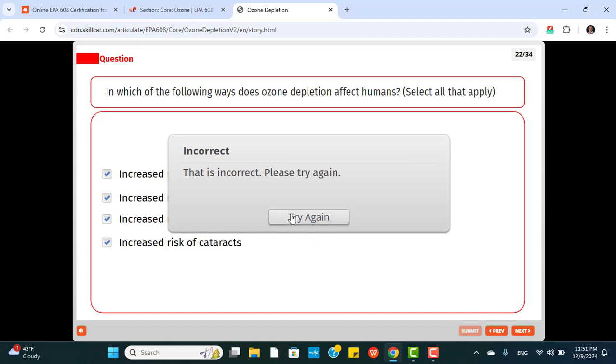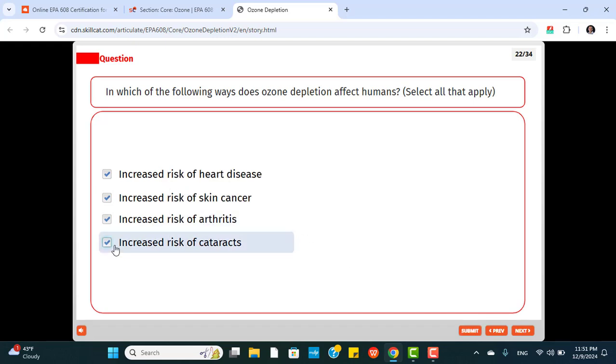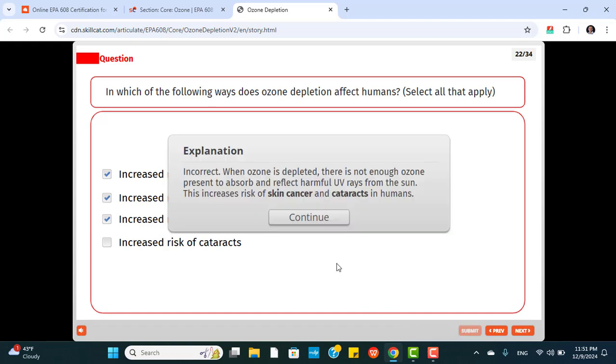Is that incorrect? Please try again. Incorrect. The ozone is depleted. There is not enough ozone present to absorb and reflect harmful UV rays from the sun. This increases the risk of skin cancer and cataracts in humans.